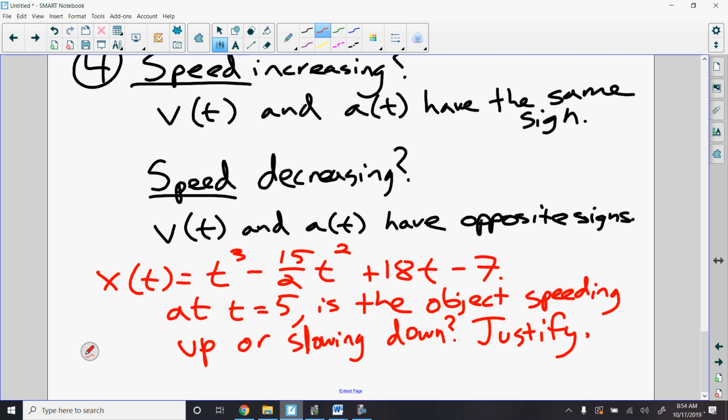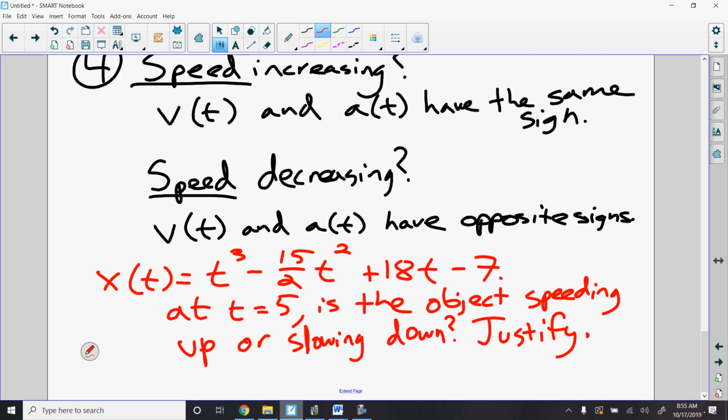Justify. You will definitely be asked to justify this as well. So what's important to know here is you need to check both v of 5 and a of 5. You need to check both of them to determine whether or not this object is speeding up or slowing down. Again, speeding up is the same as speed increasing. Slowing down is the same as speed decreasing.